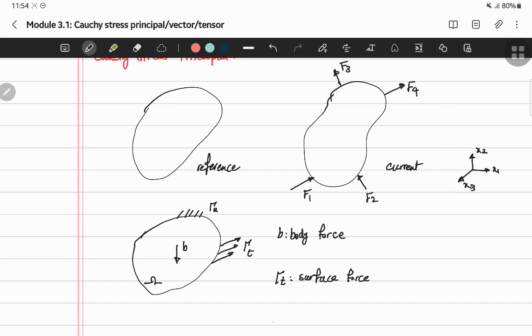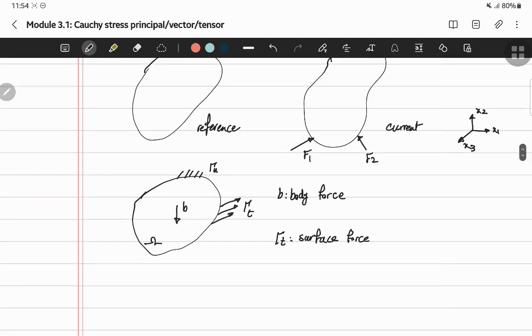For example, if you have a cantilever beam like this, and here you have this boundary condition in here. So it is the boundary condition regarding the displacement.